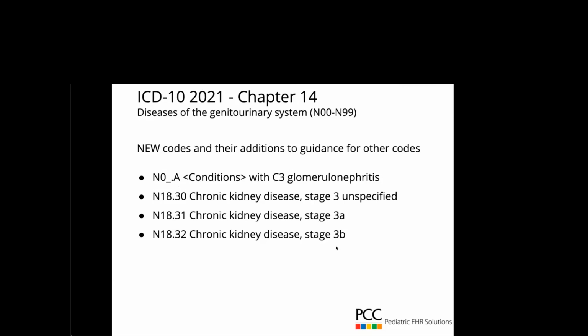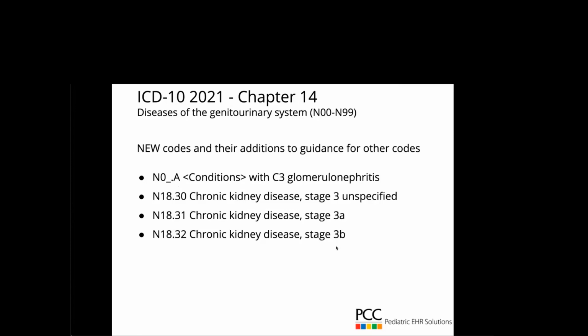That's a placeholder. We can't use X anymore because X is part of ICD-10 convention now. We used to be able to use that as a wild card, but N0 whatever A has been added to a whole host of conditions when there is involvement of C3 glomerulonephritis.